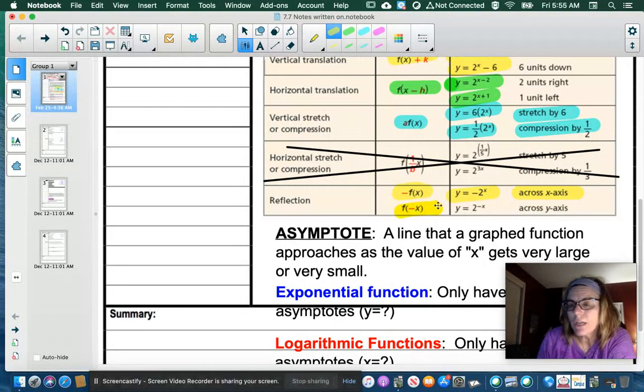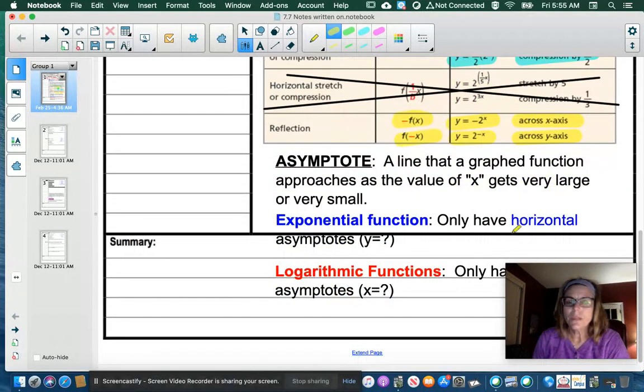If your x changes, so that means your exponent, instead of 2 to the x, it's 2 to the negative x, that's across the y-axis. Asymptote is a line that a graphed function approaches as the value of x gets very large or very small. We've talked about that.